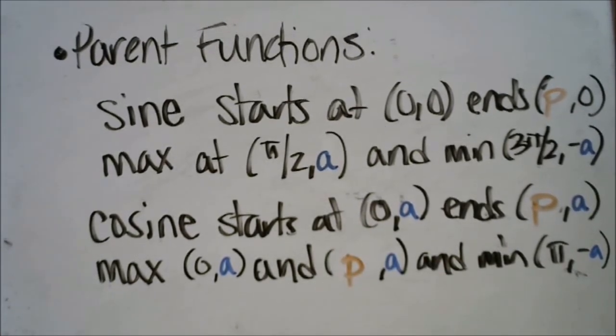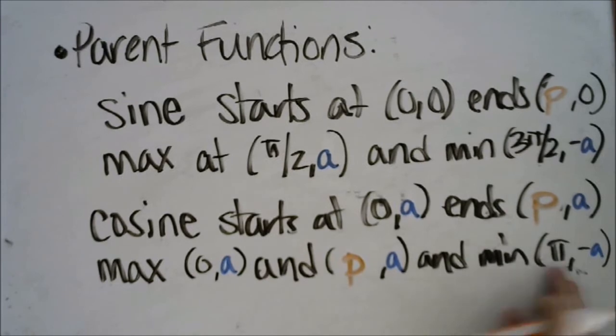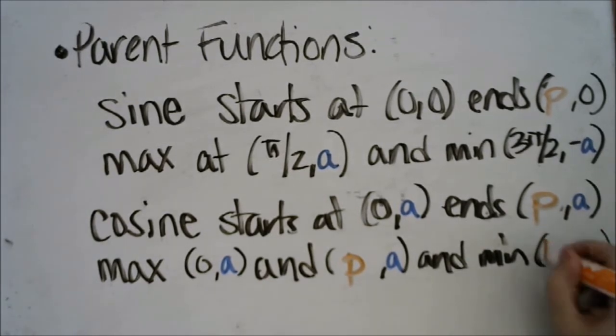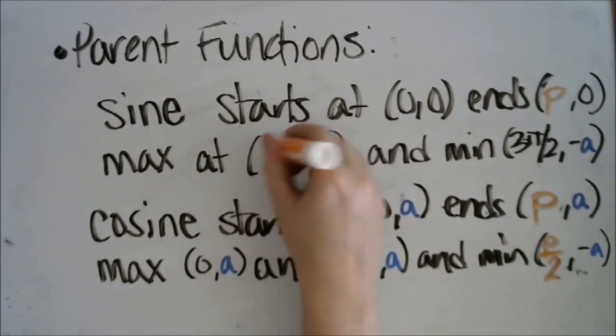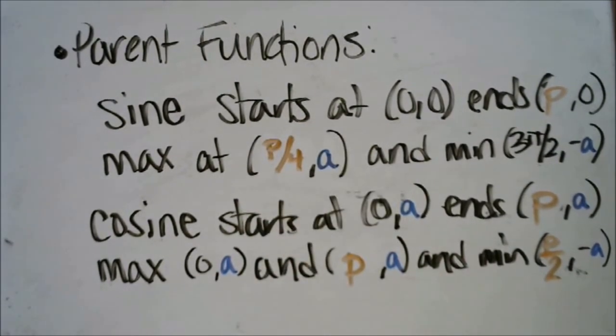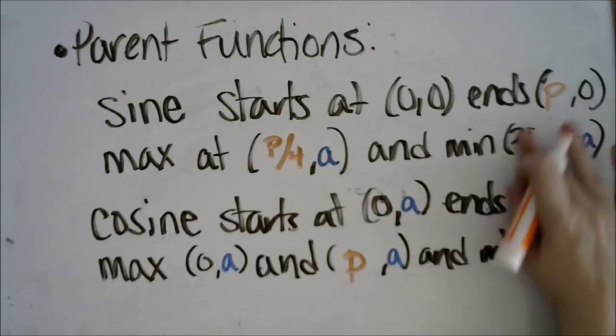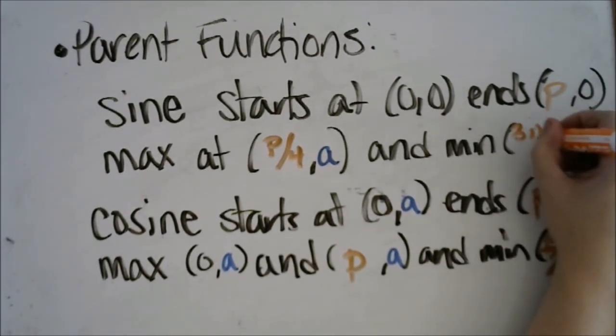If the standard period is 2 pi, pi is half the period. Pi halves marks the quarter mark, and 3 pi halves is the 3/4 mark.